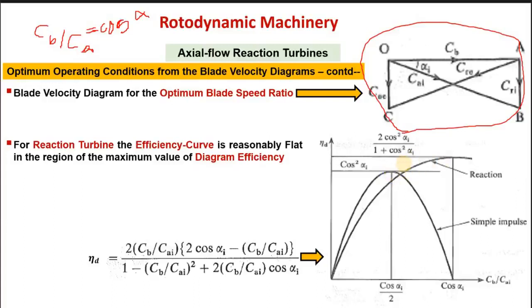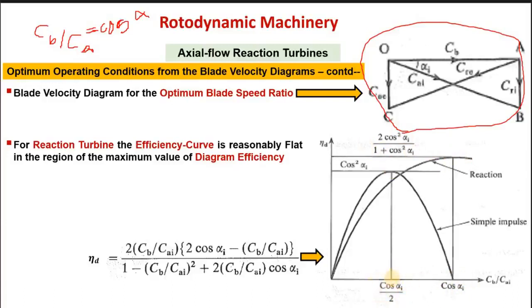These curves are shown, for example, alpha is equal to 10 or 15 degree. So you will see this maximum value in case of reaction turbine will be a little larger than the impulse turbine. The maximum value of efficiency in case of reaction turbine will occur at a higher value of CB over CAI compared to simple impulse turbine.